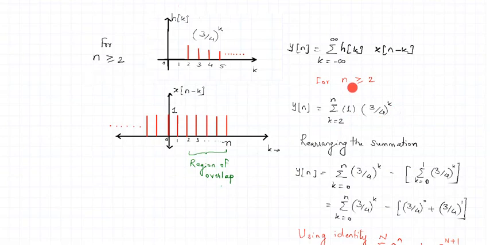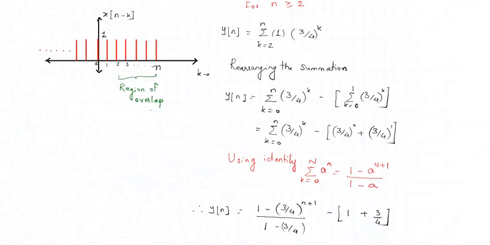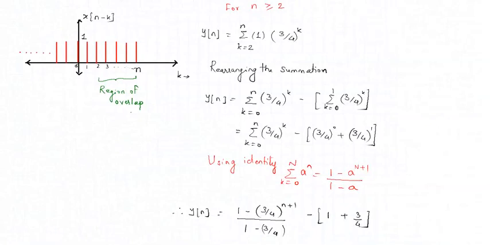To simplify this summation, let us rearrange it, changing the limits from 2 to n to 0 to n. When we did this modification, the additional values inserted in this summation are the values for k equal to 0 and k equal to 1.